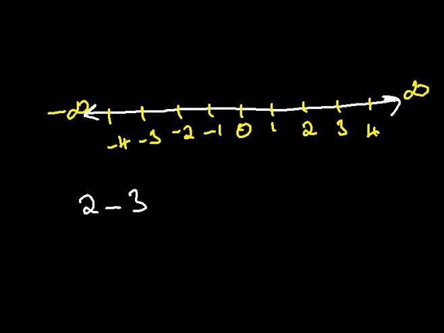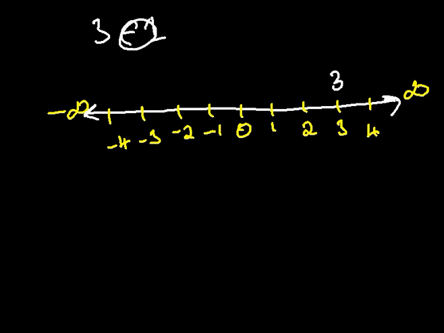How about if we have something like this: 3 minus 1. How should you find the solution for this? First thing, 3 is the reference point, so have 3 here. And we need to move 1 step.